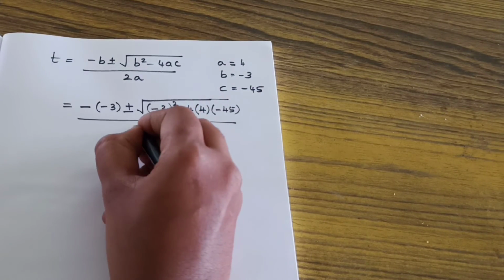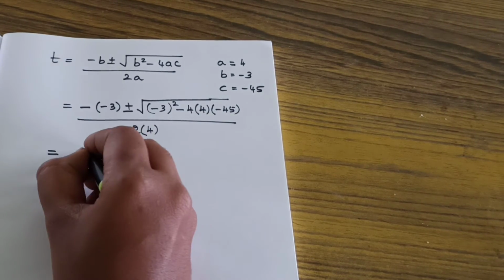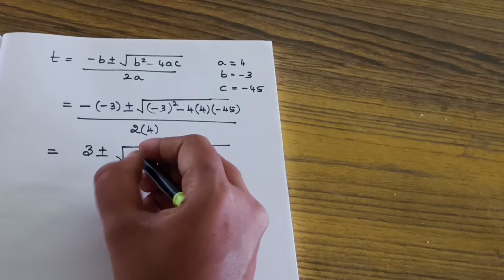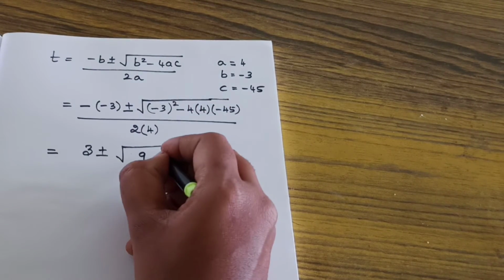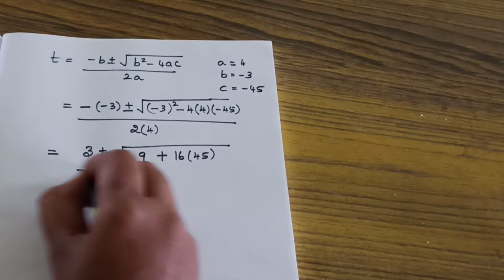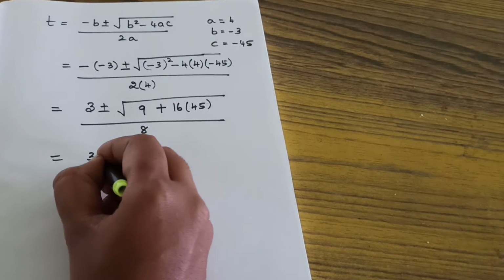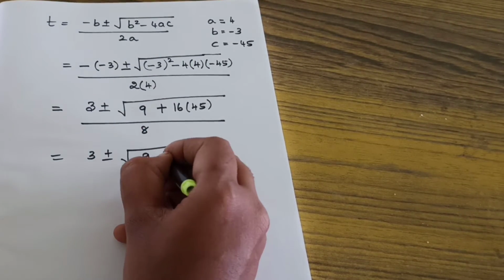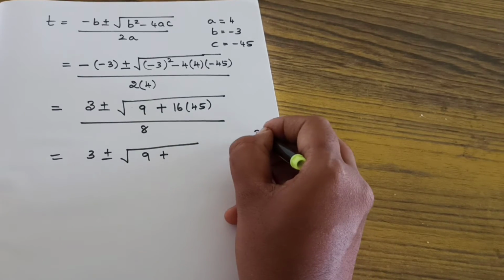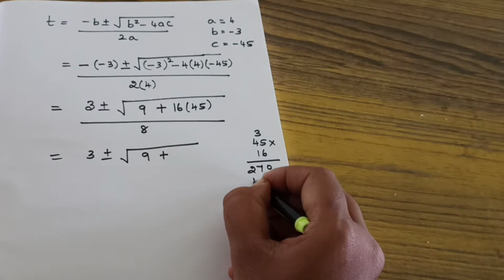The whole divided by 2 into a 4, which is equal to: minus into minus is plus. Plus or minus square root of, minus square is plus, and 3 square is 9. Minus into minus is plus. 4 4s are 16 into 45. Divided by 4 2s are 8. Which is equal to 3 plus or minus square root of 9 plus 45 into 16. 6 5s are 30. 6 4s are 24. 27, 5 and 4.